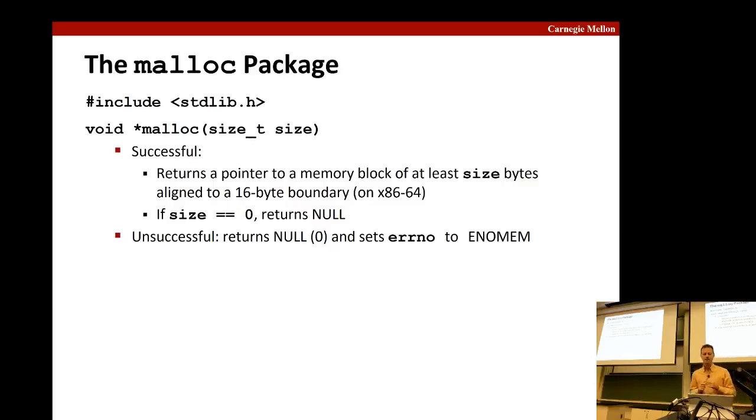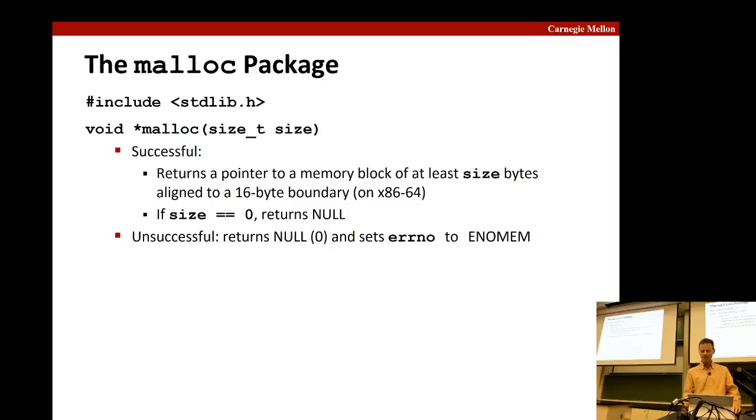As a special case, if you set the size to 0, this is going to return null, which is perfectly okay in that case. The other time it's going to return null is if there's some problem, if it is unable to allocate the requested block of memory. So it's a good idea in your programs, if you call malloc, to check the return. If it's null and you didn't set size equal to 0, so it's a surprise to you, then you're going to have to deal with that in your error handling code.